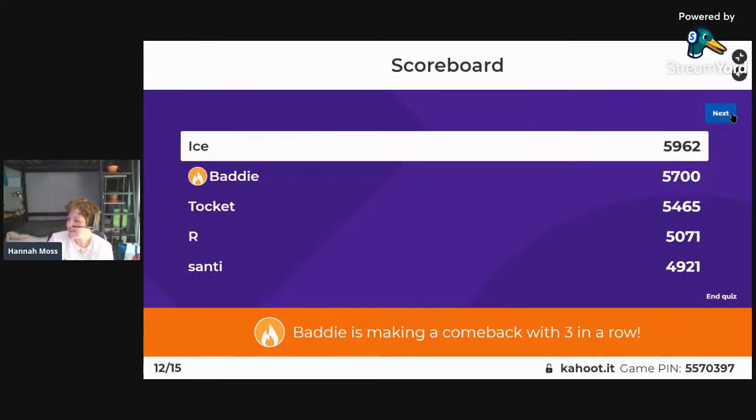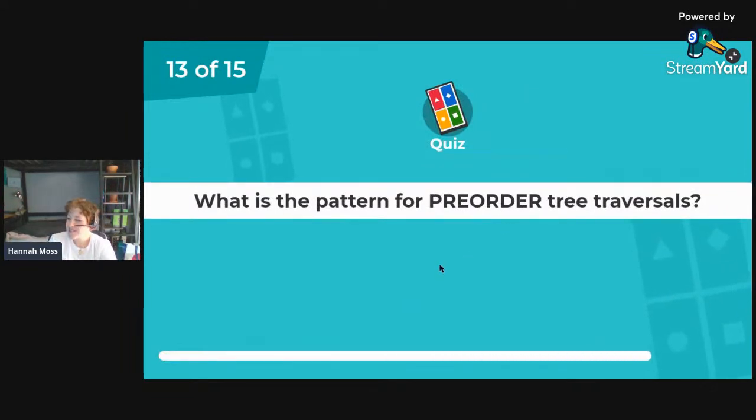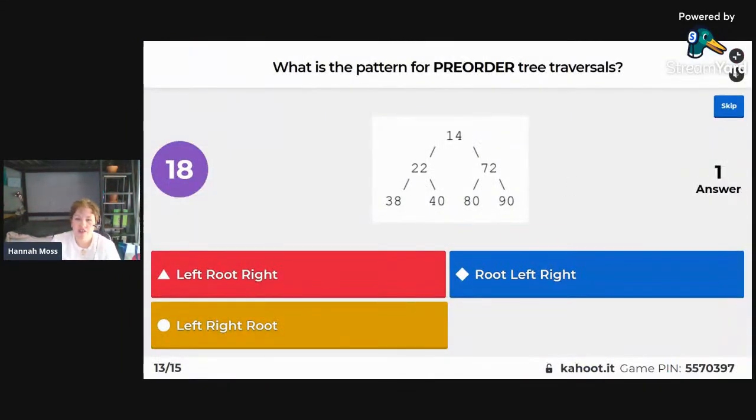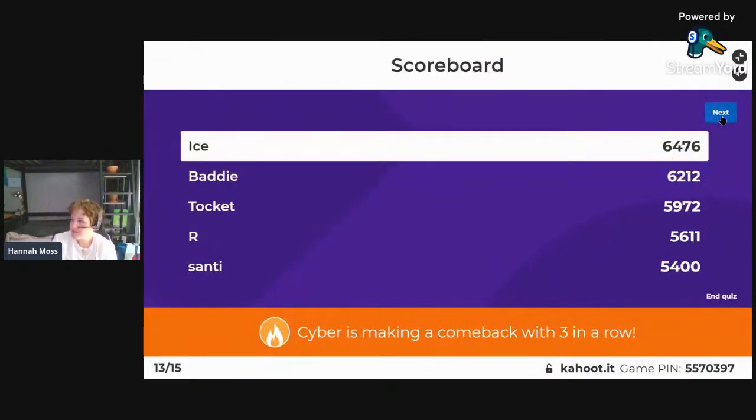Okay. Next. We have 3 questions left. What is the pattern for pre-order tree traversals? So we've gone over all 3 types: pre-order, post-order, and in-order. Yeah, root-left-right is pre-order tree traversal.